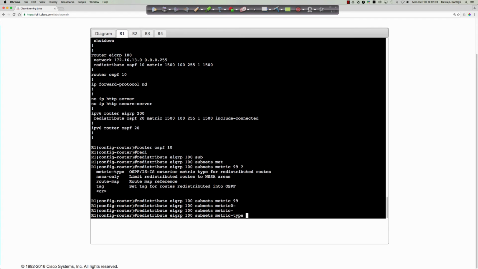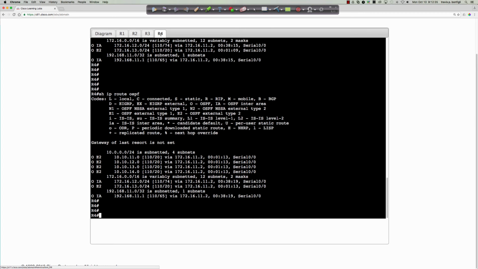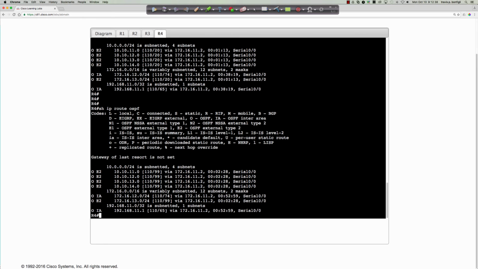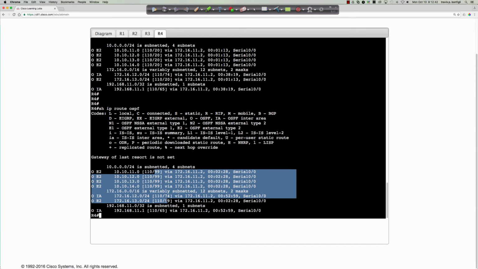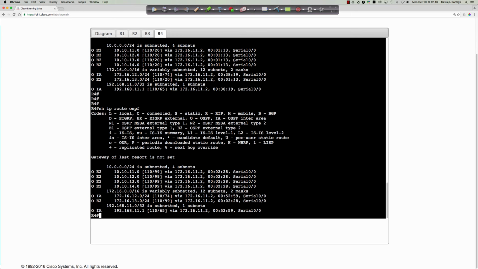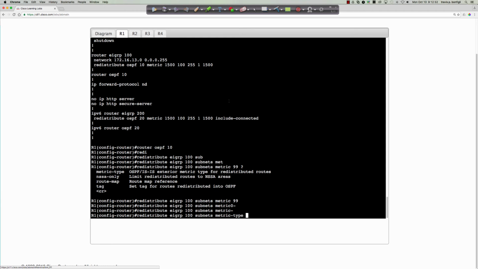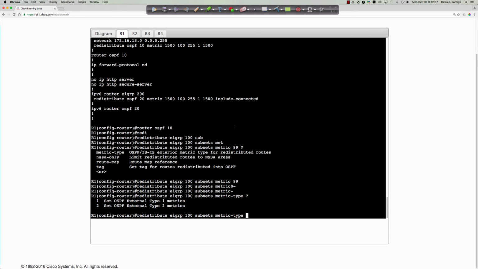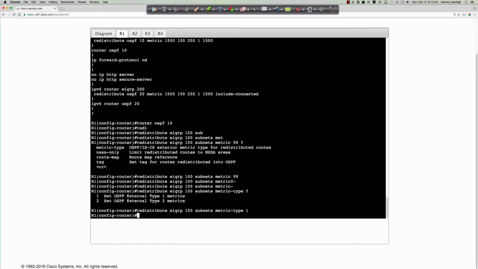So now we're going to change that metric type, because remember, up until now, over here on E4, everybody's got the metric of 99, and we're removing that now. We're going to let it go in as a default of 20, but what we should see is that it doesn't stay 20. It's going to change, because now we're changing the metric type here, and we're going to change it to 1 to make it a type 1, so an OE1.